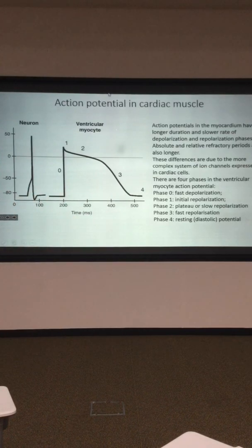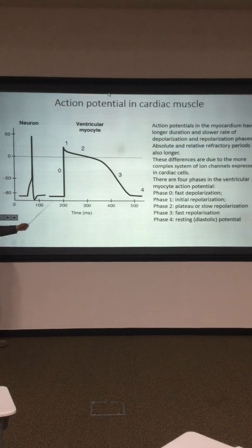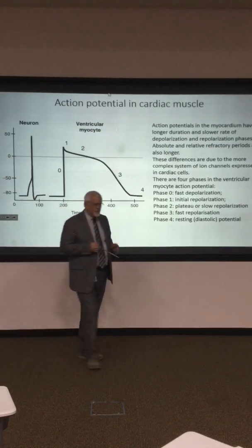If you compare the duration of the neuronal action potential with the cardiac action potential, you will see that the whole duration, including graded potentials, synaptic potentials, and then threshold depolarization, repolarization, and residual after hyperpolarization, all together last much shorter than one single action potential in the cardiac muscle.